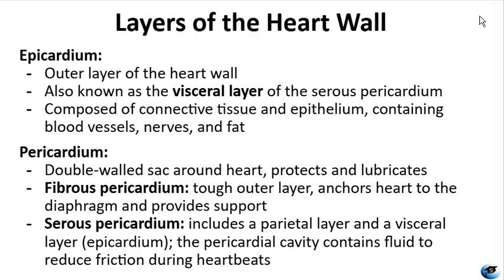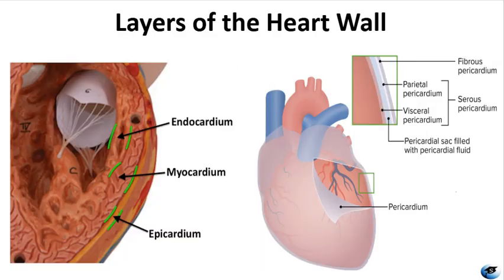The parietal layer lining the fibrous pericardium and the visceral layer, which is the epicardium itself. And then between these 2 layers is the pericardial cavity, which is filled with fluid that reduces friction as the heart beats and moves. So let's have a look at that in this figure here.